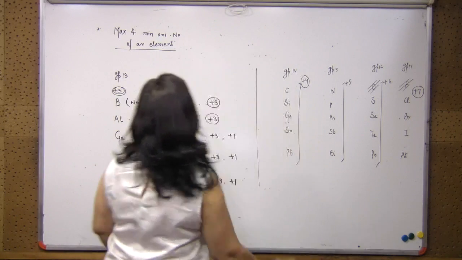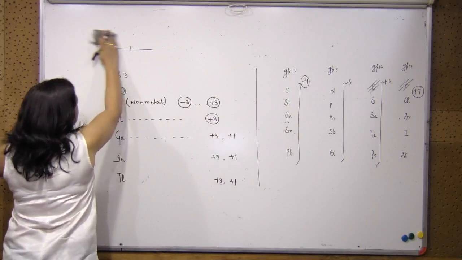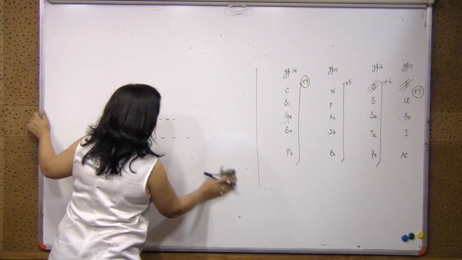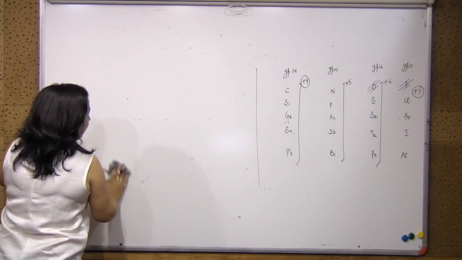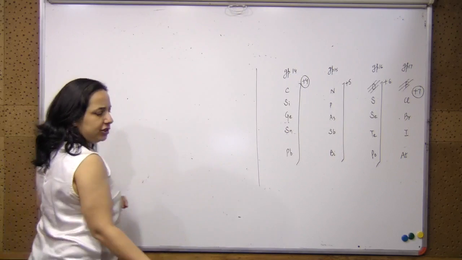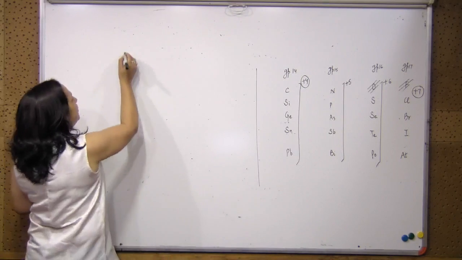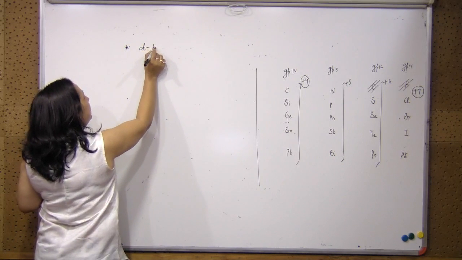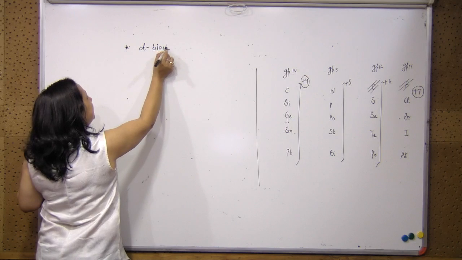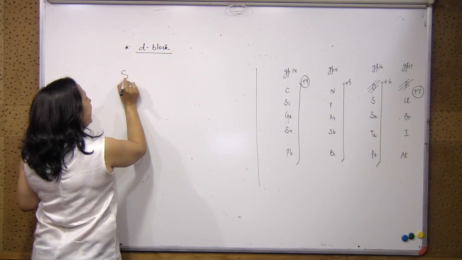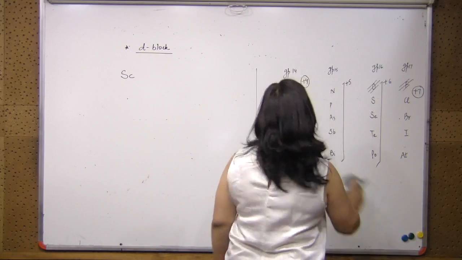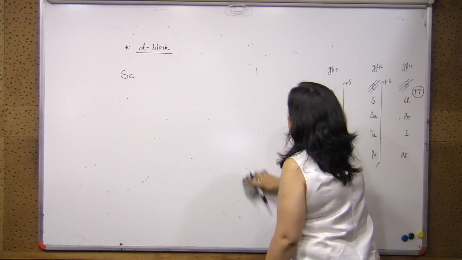Next, in the D block, we have a few elements. Their oxidation number, maximum and minimum, must be known to us. D block, and first we'll discuss the scandium series.